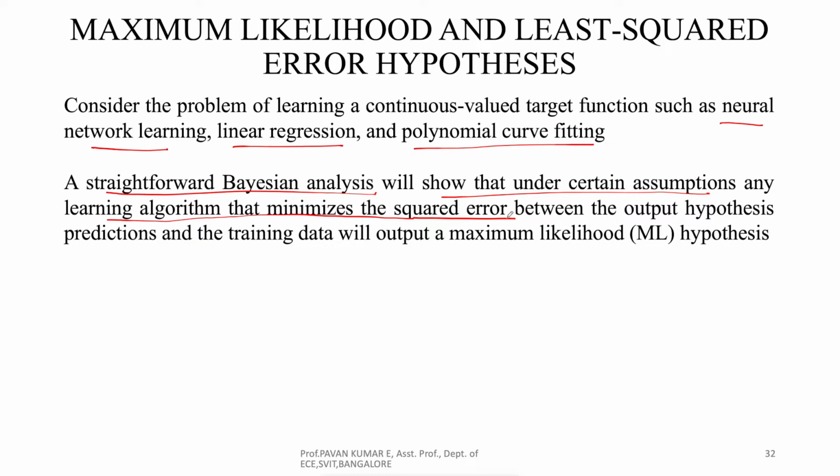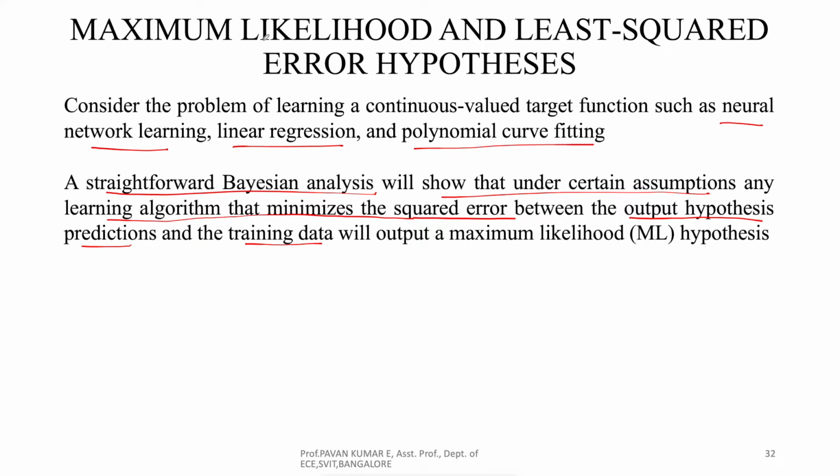But if you trained your data and your machine is finding only 50% of your face, the accuracy is 50%, then the system is a failure. Okay, so keep in mind, we assume that we should minimize the squared error between the output hypothesis prediction and the training data.